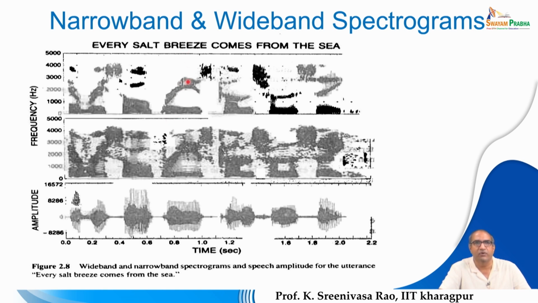For example, if you look at this region, this particular sound unit, you can see there is a darker region at a lower range, below 500. It means the frequency components at the lower range have higher energy, and in between it is white.